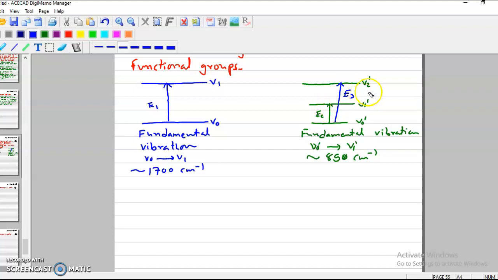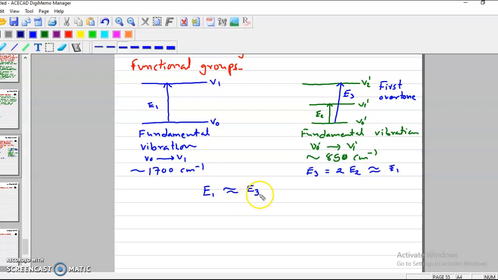Now this will be the first overtone of the fundamental vibration. This E3 will be about 2 times E2, which is almost equal to E1 by chance. Follow? So in this case you can see that E1 is almost equal to E3.